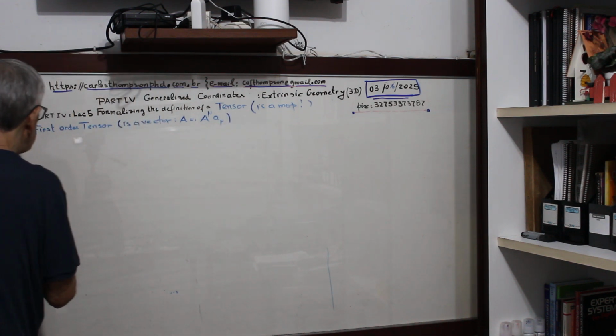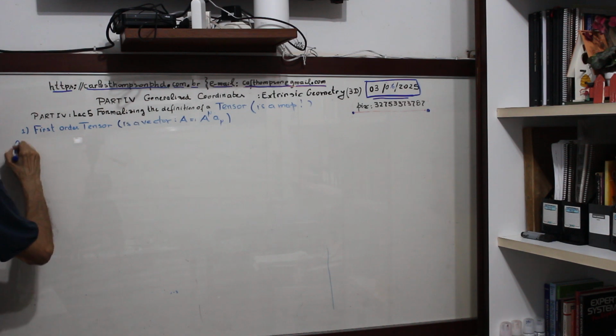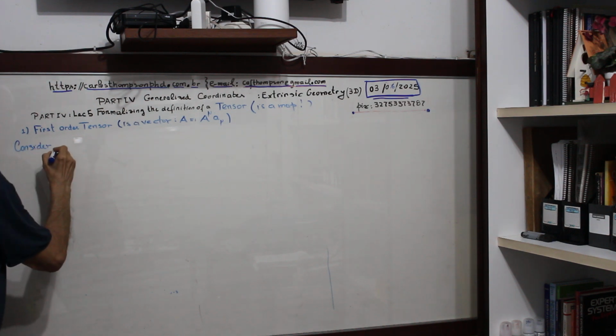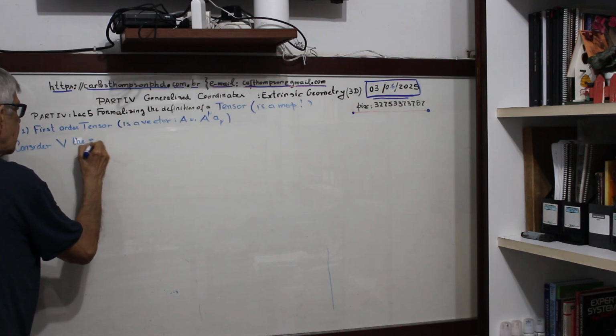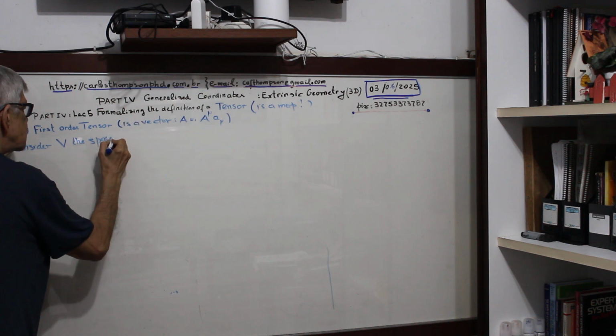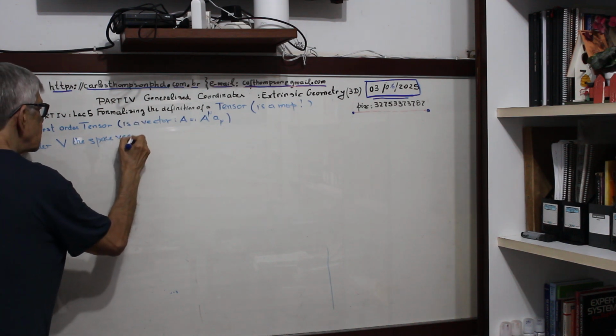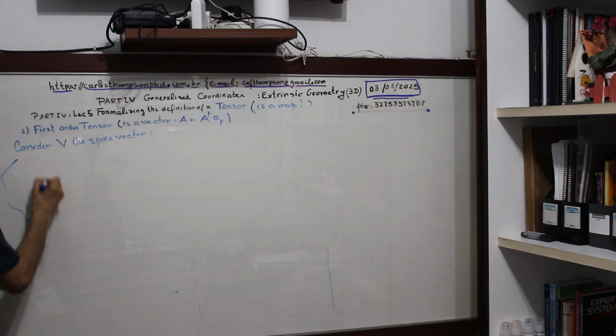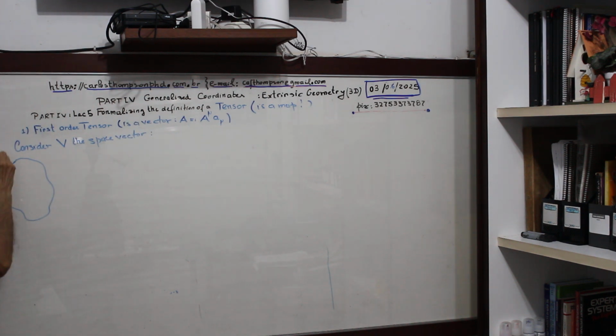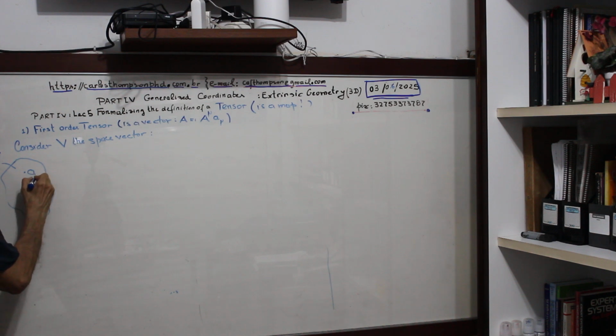Now, consider V the space vector. Then you have here the space vector V. This is the basis vector, that's called e mu.